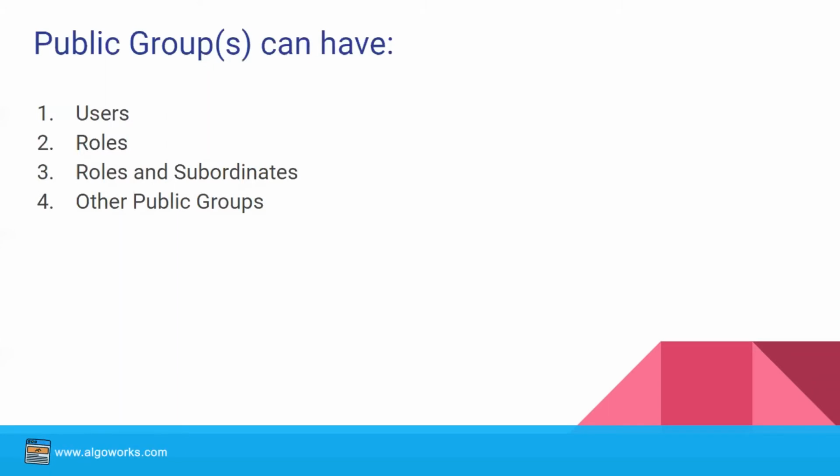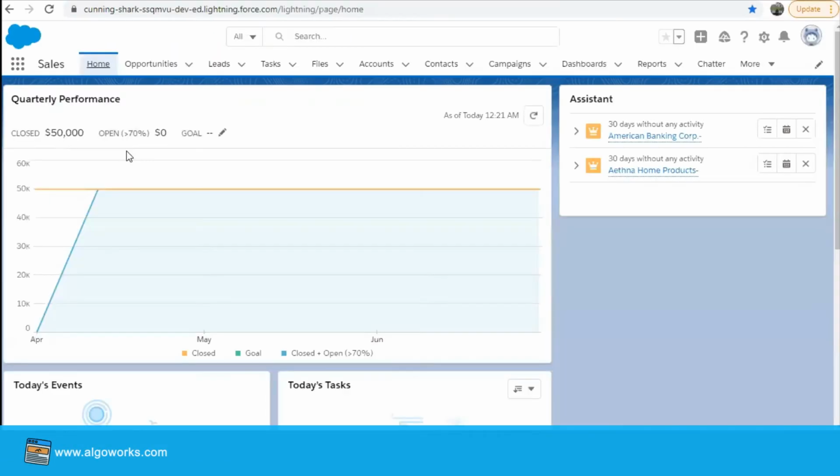Suppose I have public group A and public group B with different sets of users, and I want a public group C which sits on top, with all the users of groups A and B. I can just include public groups A and B and make a new public group C. That cuts down the cumbersome task of adding users or roles to a group. Now let's see how to create public groups in Salesforce.